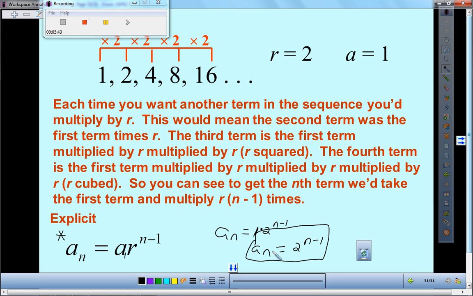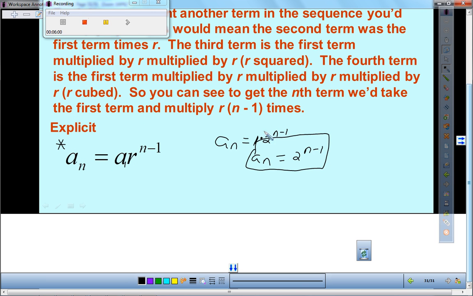So let's check our formula based off of what we know. We know this is the first term, second term, third term, fourth term, fifth term. Let's make sure that this matches up. Let's plug in 4. Say we wanted to find the 4th term, which we already know from the top, but let's make sure our formula works. So we go 4 minus 1, and we get 2 to the 3rd power. We know 2 times 2 is 4, times 2 is 8. So a sub 4 is 8.